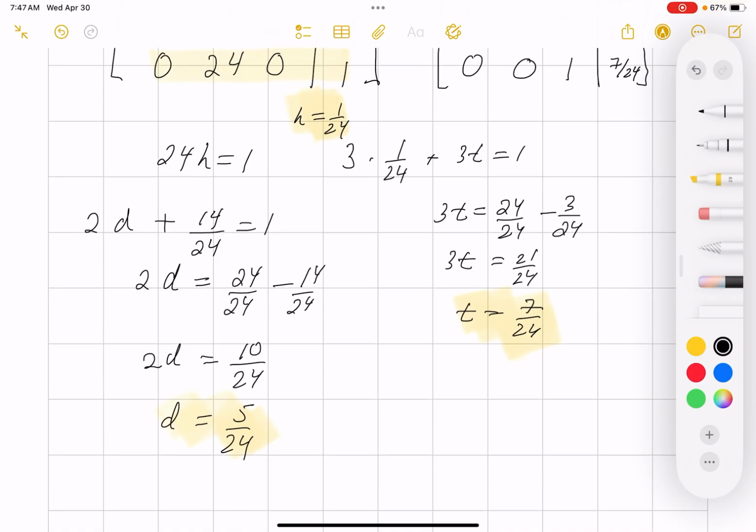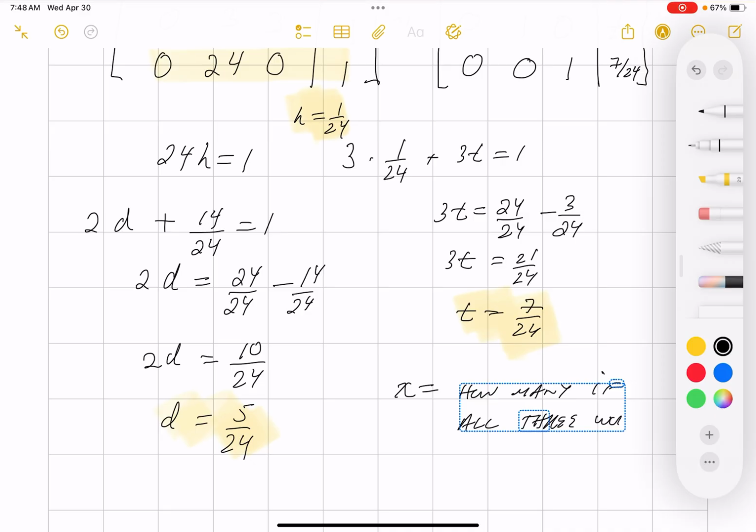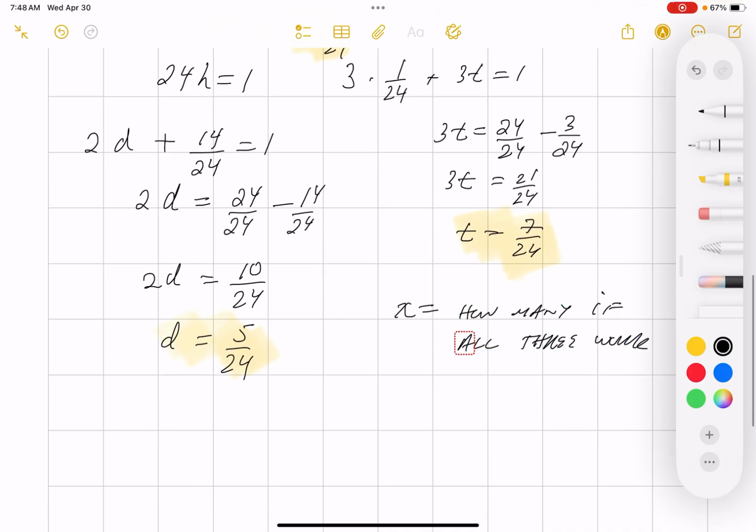So what I'm going to write down is an unknown over here, and X is how many hours if all three work. Okay, let's write this down. So it's going to be what? Let's take a look.